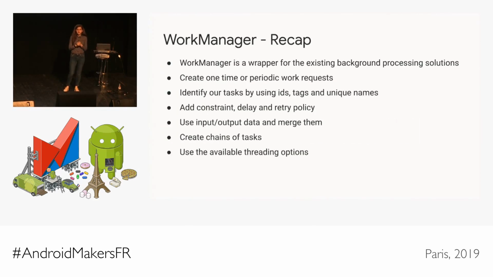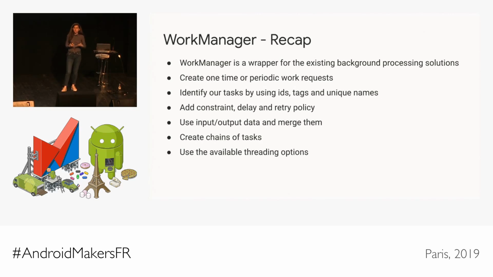Okay, so let's make a recap. We discovered that WorkManager is more of a wrapper on the existing background processing solutions, and it writes all the code for us, so we spend less time on this kind of stuff. We are able to create one-time or periodic work requests. We are able to chain those tasks, and to identify our tasks by using the unique ID, the tag, or the unique name.